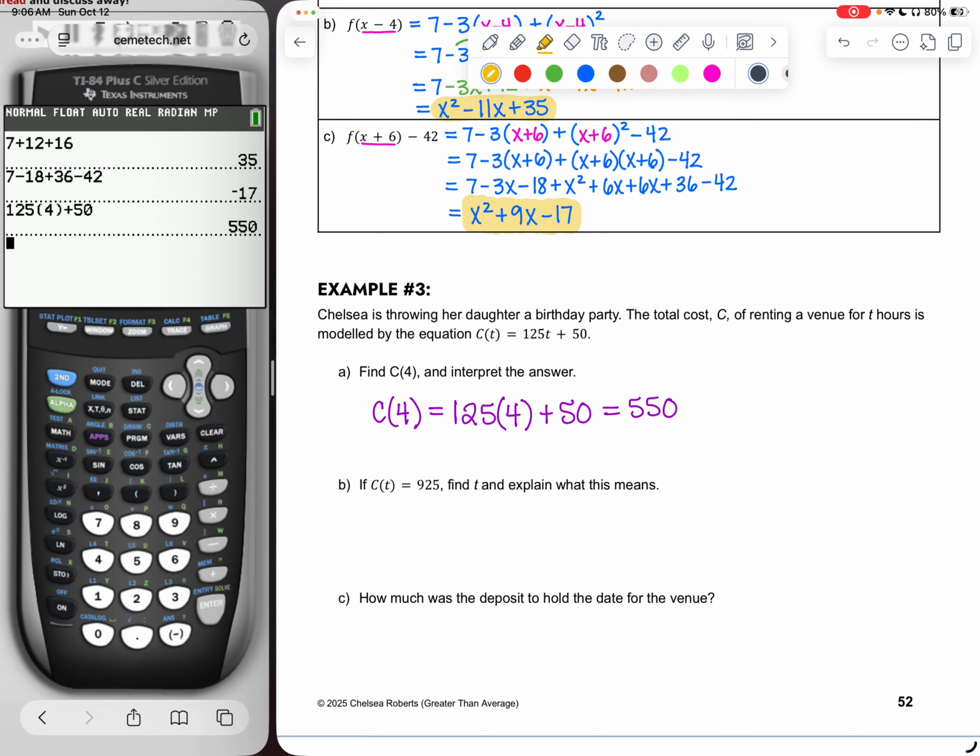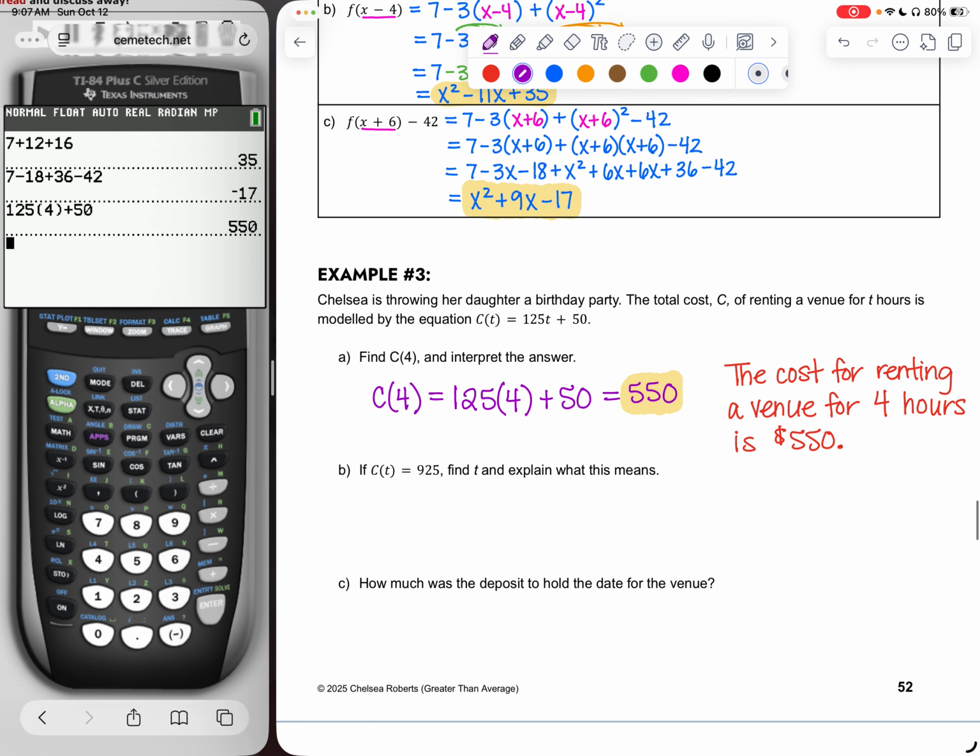So what this means is that the cost for renting a venue for 4 hours is $550. Okay, that's what that means. I always have to explain what it means.